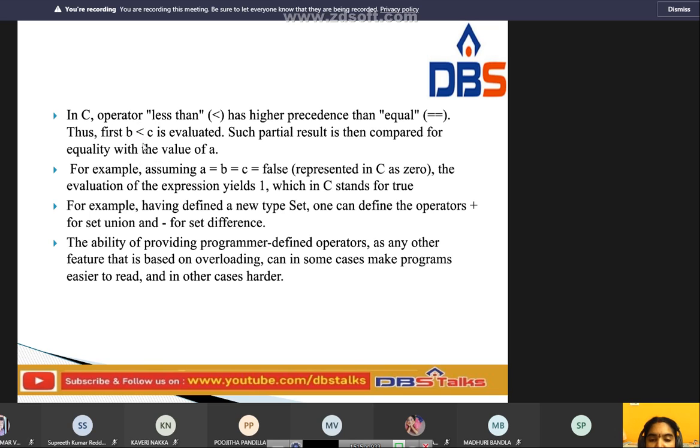The less than operator. That's why in C language, less than has higher precedence than the equal operator.